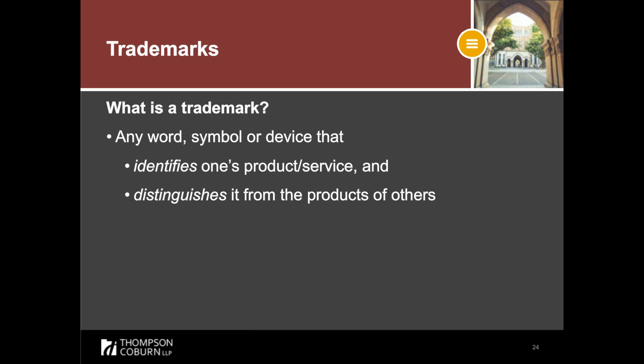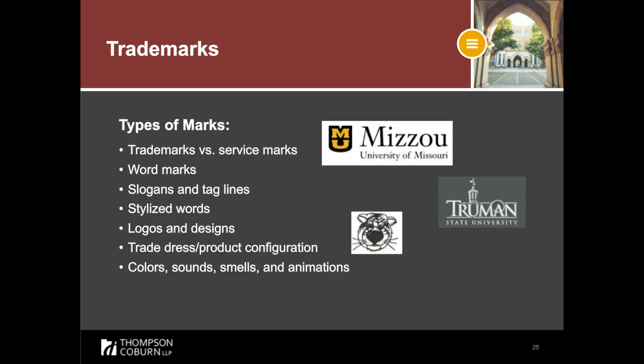There are lots of different types of trademarks. You'll sometimes hear the term service marks, which is often used to refer to a brand name that is used in connection with services as compared to products. The term trademarks is commonly used interchangeably to refer both to service marks as well as to brand names that are used for products.